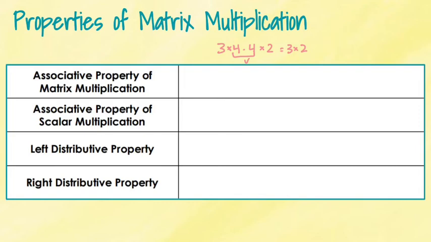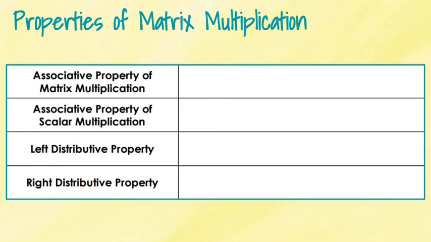But if we flip, so this is matrix A and this is B, if we flip them and do B times A, we're going to have a 4 by 2 matrix times a 3 by 4 matrix. We cannot do that. So multiplication is not necessarily the same with matrices as it is with most things.